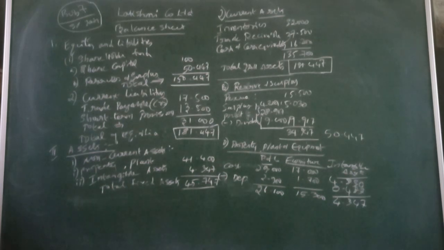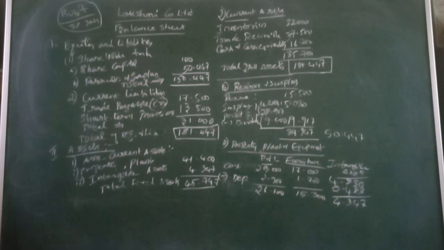Likewise, furniture cost is 17, depreciation is 10%, 1.7. The total of the net values is taken in point number 1 on the asset side, that is 26 plus 15 plus 4.347. Then intangible assets are also taken, right? Separately I showed intangible assets 4.8 minus depreciation 4.83, and that is taken here.